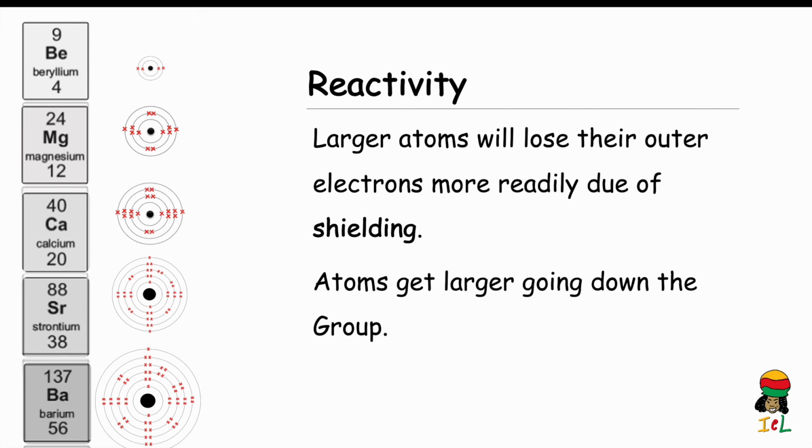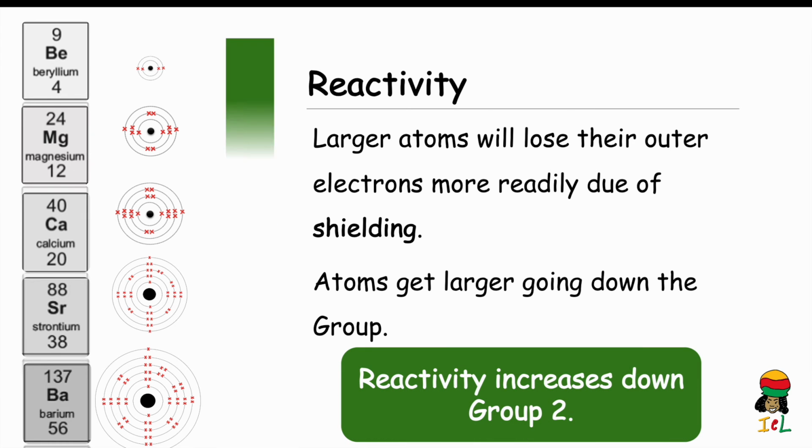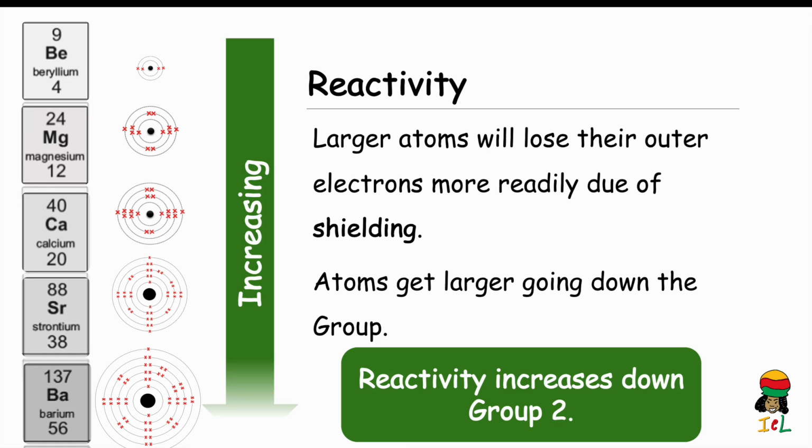The larger atoms will lose their outer shell electrons more readily due to shielding, that is, the increased number of inner-lying electron shells that block the nuclear pull for the outer shell electrons. So as the atoms get larger going down the group, reactivity increases.